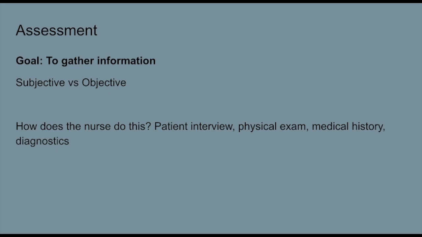So the emphasis on assessment is important here. Knowing how to do a HENT, knowing how to do your head to toe. When you're doing these assessments, you can gather information, and that's the point of A in assessment. Medical history and diagnostics, those are quite self-explanatory.